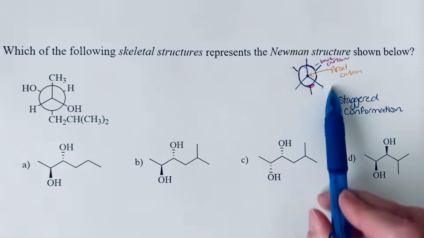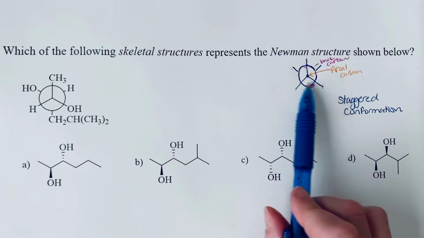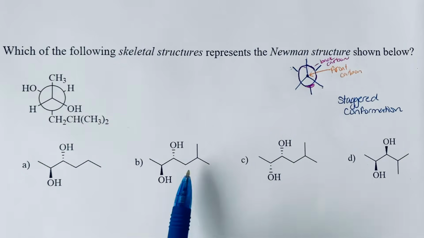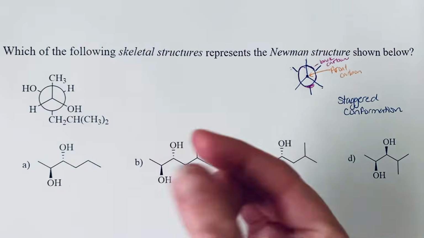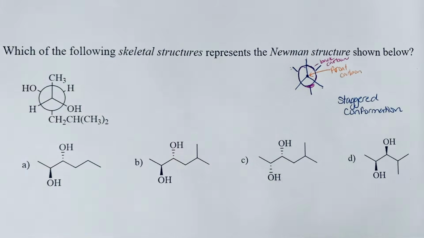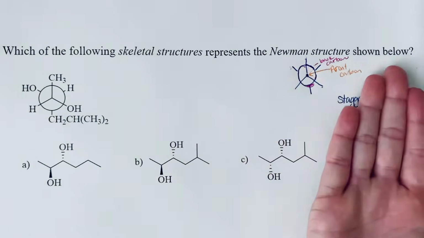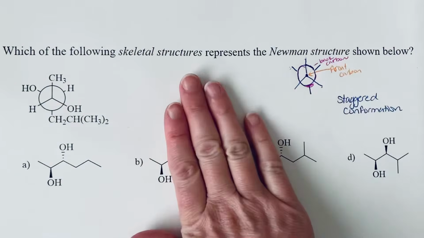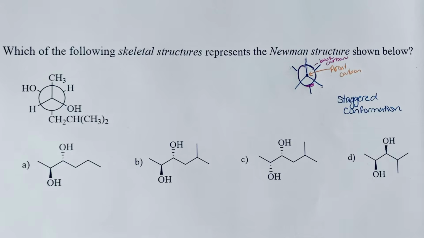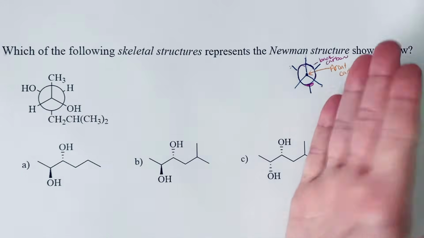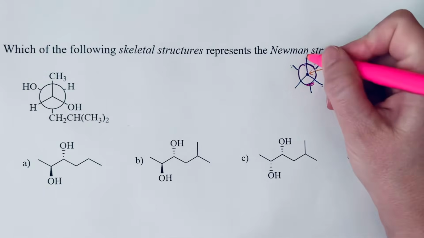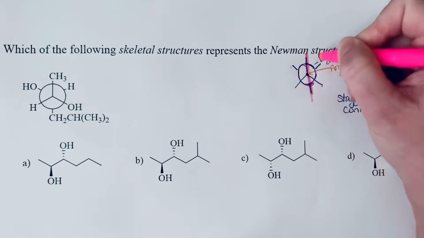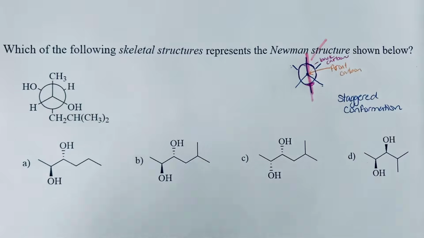So when we're looking at our Newman projection, we want to convert from a Newman projection to one of these skeletal structures. We said we picked it up and we're looking down a bond, so now I've got to flip it back over. You can technically flip your molecule this way, or you could flip it the other way. I recommend doing it consistently the same way every time, so I tend to knock mine over this way. So I'm going to say that everything that's here, these bonds here, are in the plane.